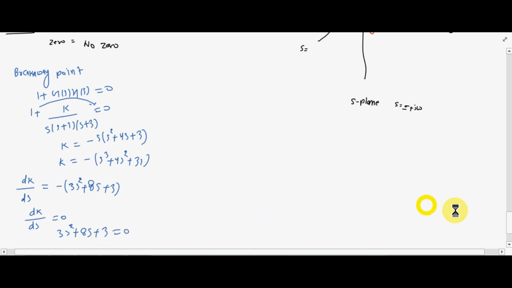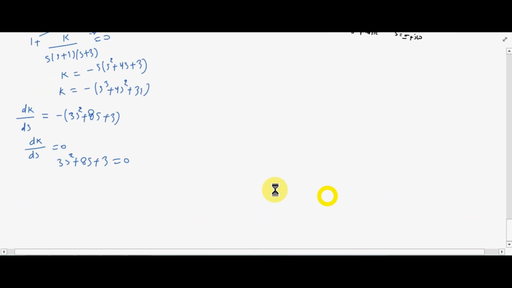Now make dk over ds equal to 0. Then 3s square plus 8s plus 3 becomes 0. Now what are the roots of this? There are two roots of s, let s1 and s2 be the two roots. After solving with the help of a calculator, we get two different roots, that is minus 0.45 and minus 2.21.